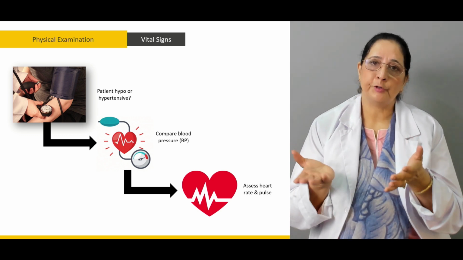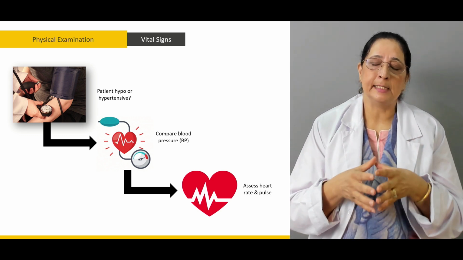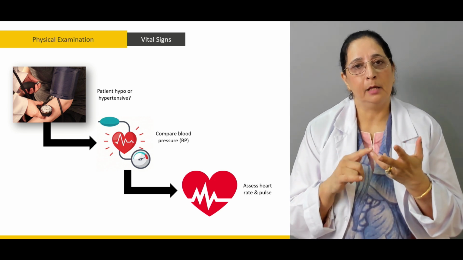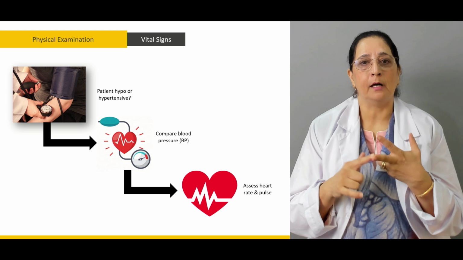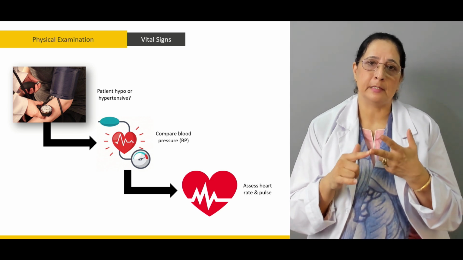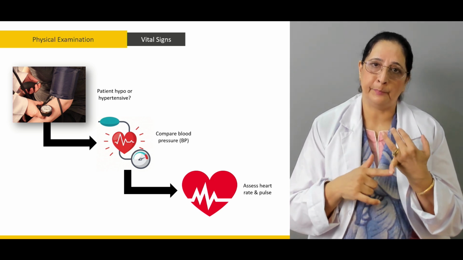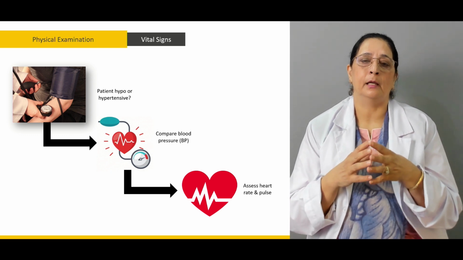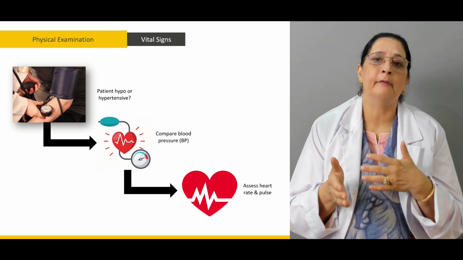Then the heart rate and the pulse. So vital signs are the blood pressure, then the pulse and the TPR, temperature, pulse, respiration. So blood pressure and TPR, these are the components included in the vital signs.